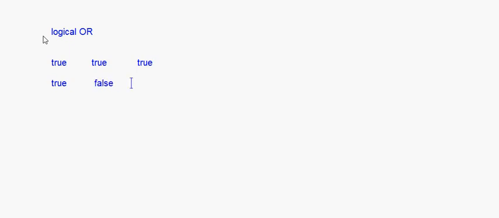Even if one of them is true, the result is true, right? False or true is also true, and if both are false, then obviously the result will be false, right? This one is the first expression, this is the second expression, this is the result, right?